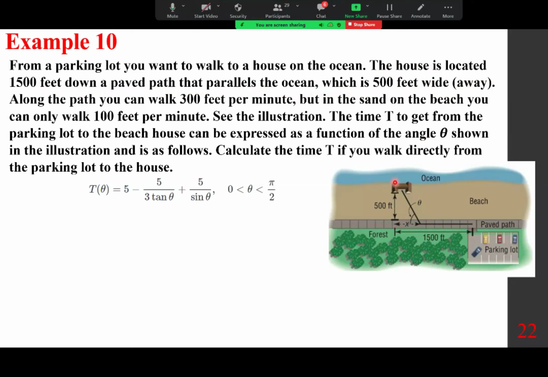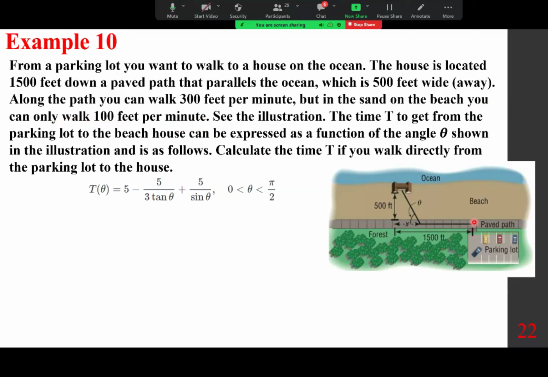So this distance is 500. This distance is 1,500 feet. Along the path, you can walk 300 feet per minute. Over here, 300 feet per minute. But in the sand on the beach, you can walk only 100 feet per minute, so slower.